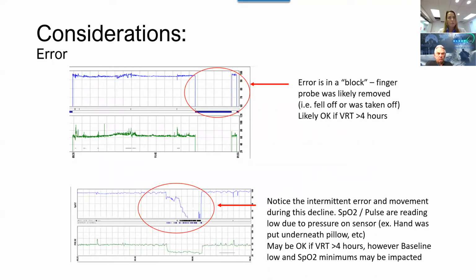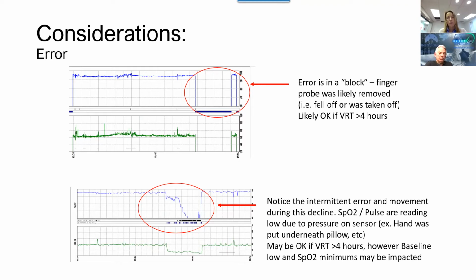These second types of error here may not necessarily be anything of substantial concern, as long as you have 4 hours of valid recording. So when we see error in a large block, such as in this first example here, that's often when the patient just maybe took off the oximeter to use the restroom. It may have come off the finger for some period during the night, and you're still getting enough of a snapshot of sleep to make an informed opinion from, but you're just missing some sections of the data.